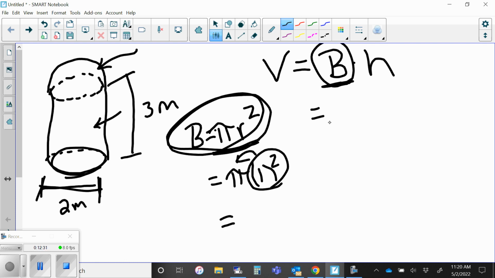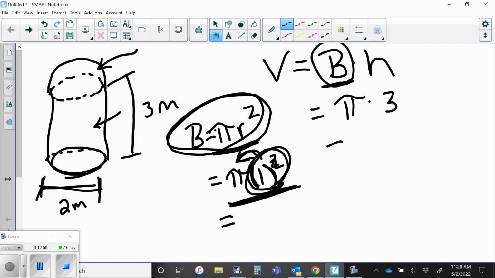So basically up here, we're going to do pi times what? It's right here. That's pi. Then a 1 squared. 1 squared is 1. 1 times pi is pi. So then pi times, what's the height of the cylinder?